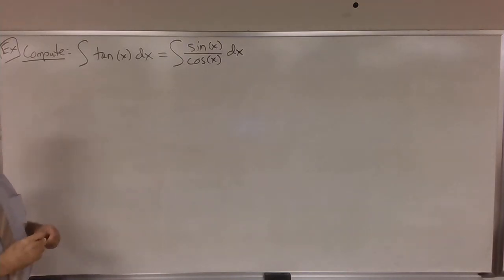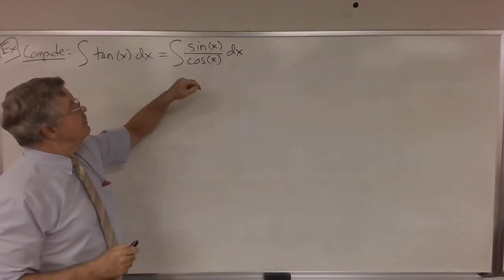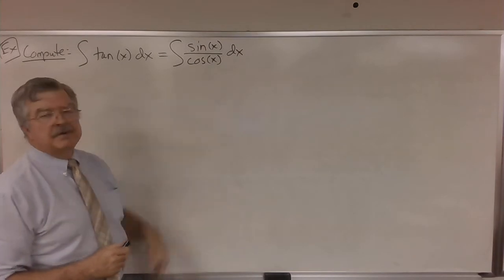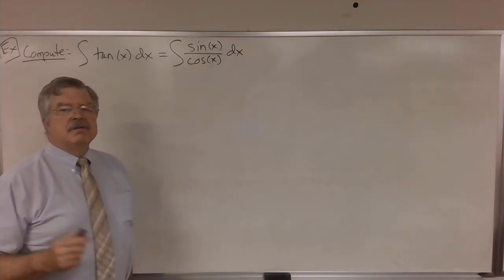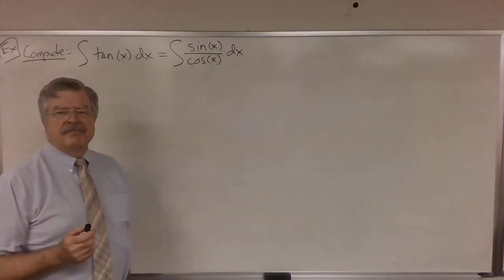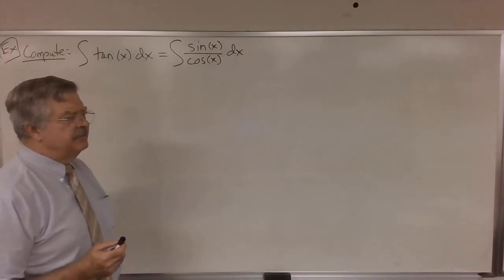So here we have the antiderivative of sine of x over cosine of x. And we're looking for a function derivative pair or an approximate function derivative pair.